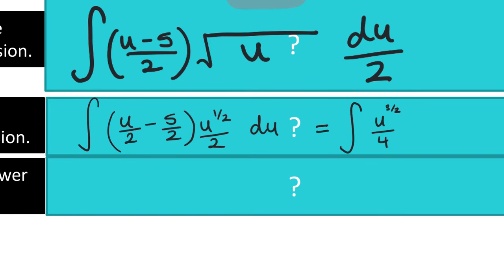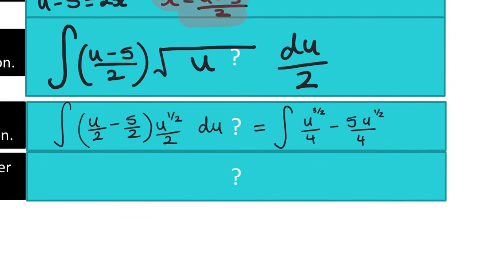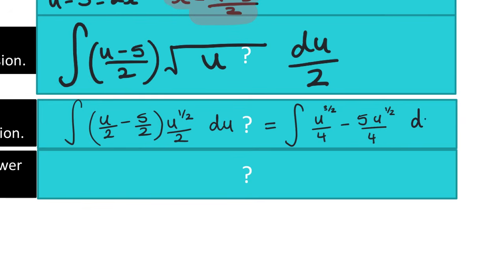Then u to the half over 2 times minus 5 over 2 gives minus 5u to the half over 4, and this is with respect to u.